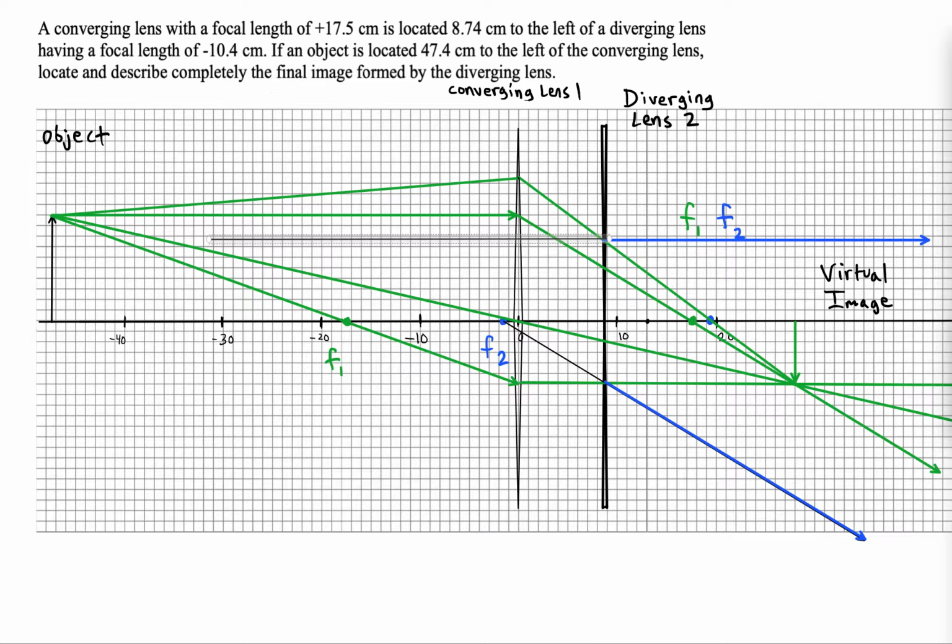So what I'm sketching now is just the apparent source of the rays. And I want to do one more for this ray here. So where they appear to come from is actually somewhere back here.